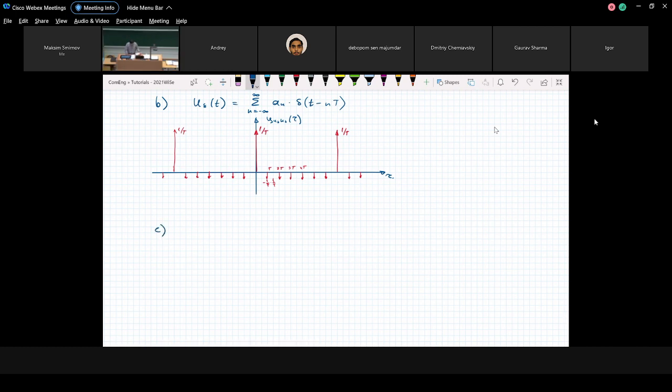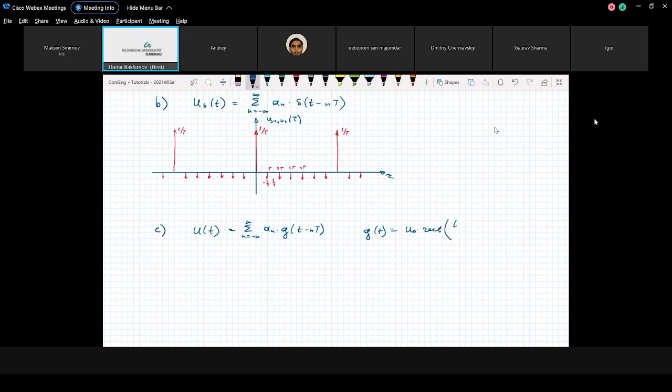Part C. We need to find the autocorrelation function of the whole periodic signal if we assume that for this sequence of periodic symbols, we also use a specific pulse shape function, g of t minus nT, with a rectangular shape function divided by capital T.